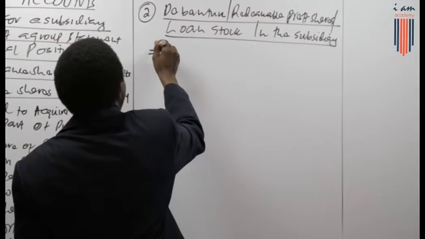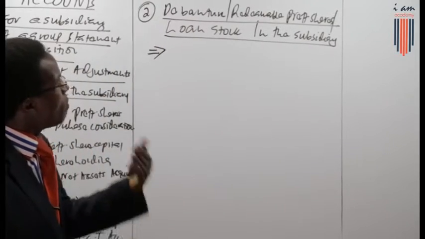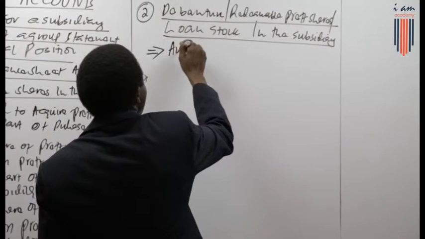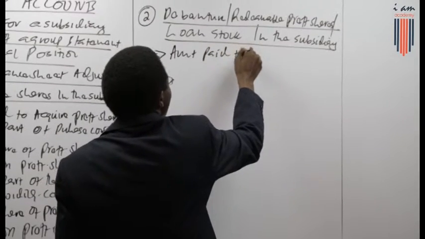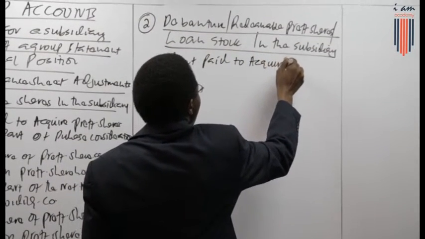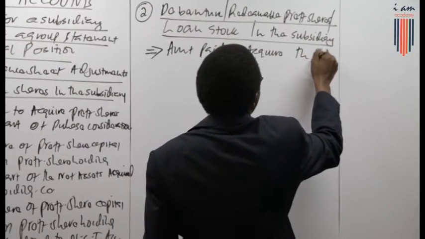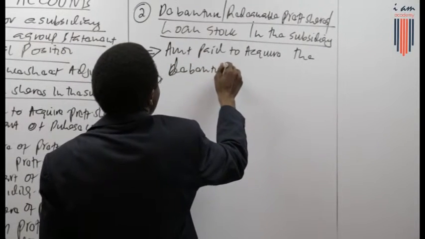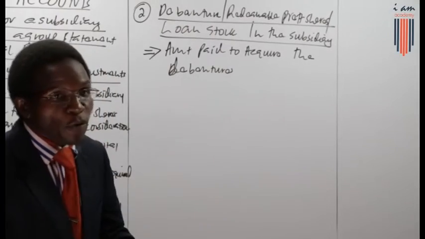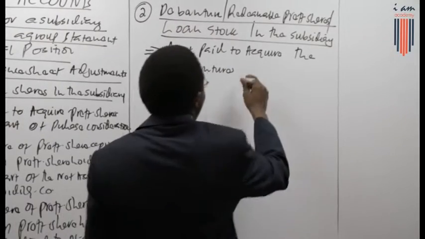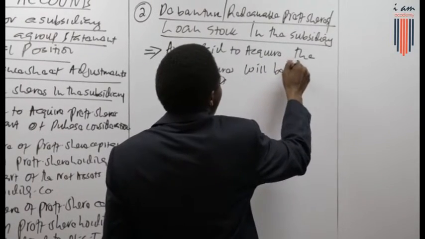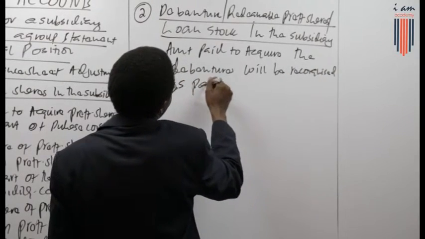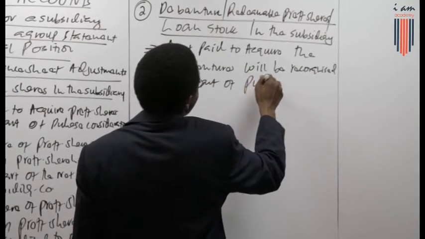Now, in case the debenture, redeemable preference shares or the loan stock was acquired by the holding company, then the amount paid to acquire the debentures, all the debentures, redeemable preference shares, the loan stock behave the same way, will be recognized as part of purchase consideration.